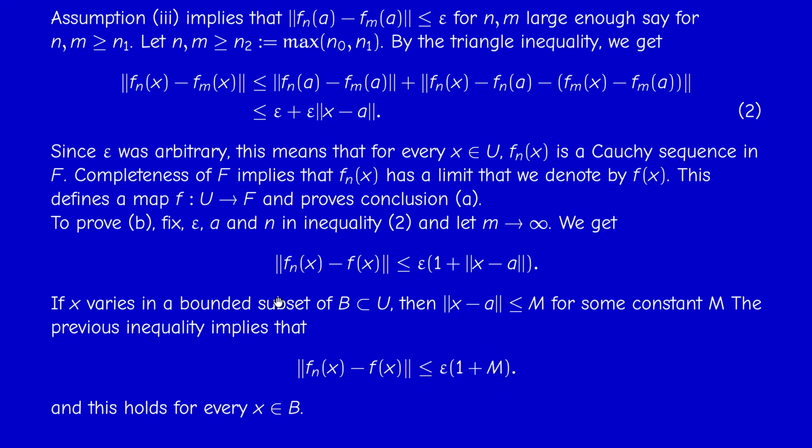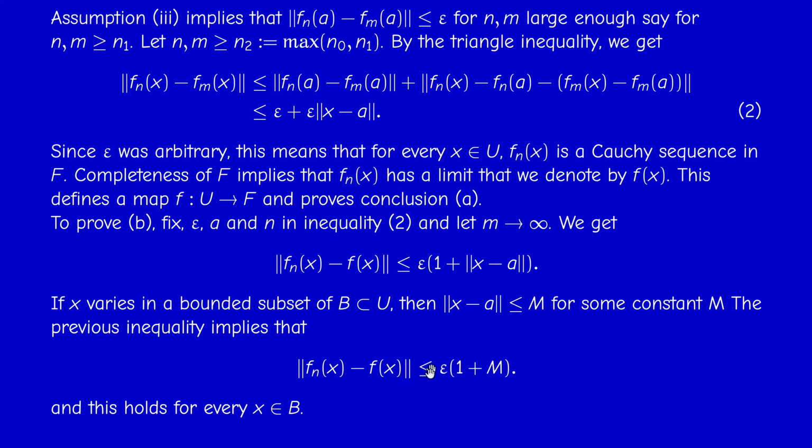This constant depends on B. So this is why there is a difference between uniform convergence on bounded sets and uniform convergence on the whole space. Because M depends on B, if I vary B, the constant may vary and may become very big.